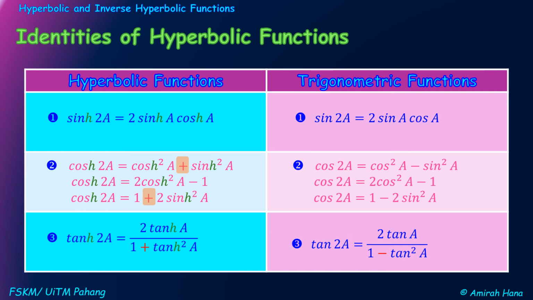Okay, and then formula number 3 for tanh 2a equals 2 tanh a over 1 plus tanh squared a. We have plus sign here, but under trigo function, we use minus sign here and no h. Under hyperbolic function, we must use h, and for tanh 2a, the denominator, we use plus sign here.